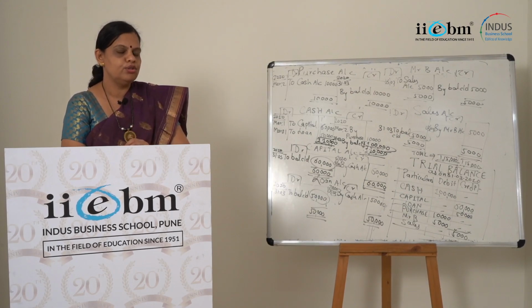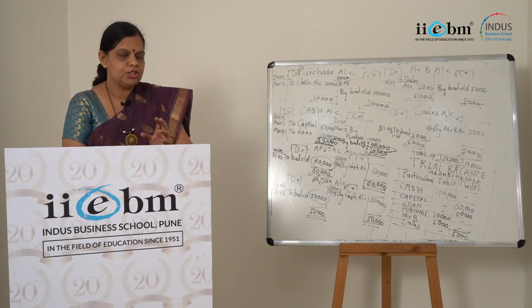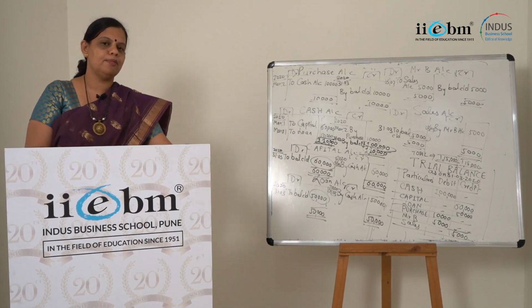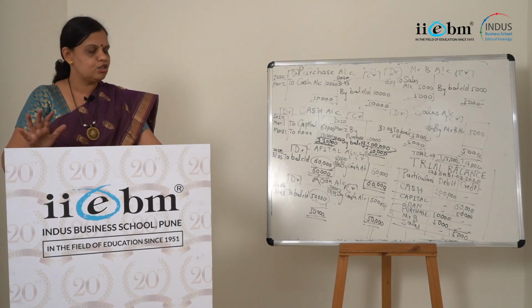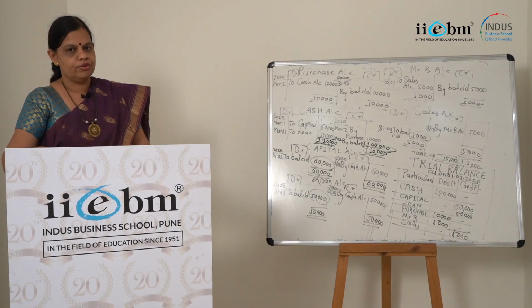But as I told you, you must understand, especially non-commerce students, you should at least be able to identify the debit and credit part correctly. If you can do that, the rest of the part will be taken care of, right?